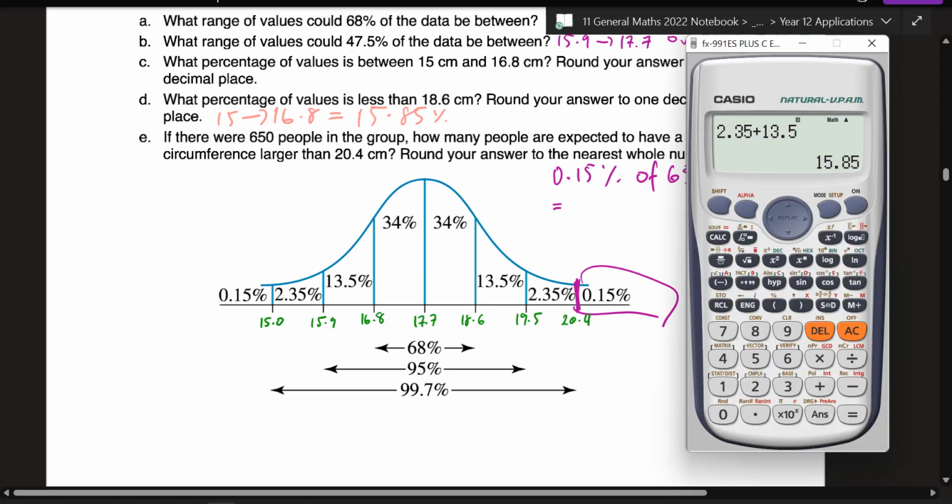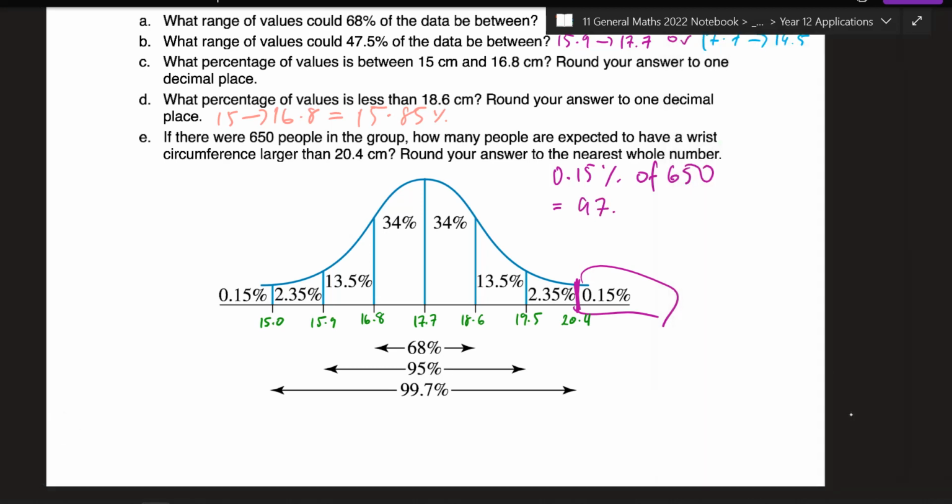Just put that in your calculator. 0.15% of 650 is 97.5. It does say to round, which equals 98 people. So 98 people are expected to have a circumference larger than 20.4, which is all the values above there.